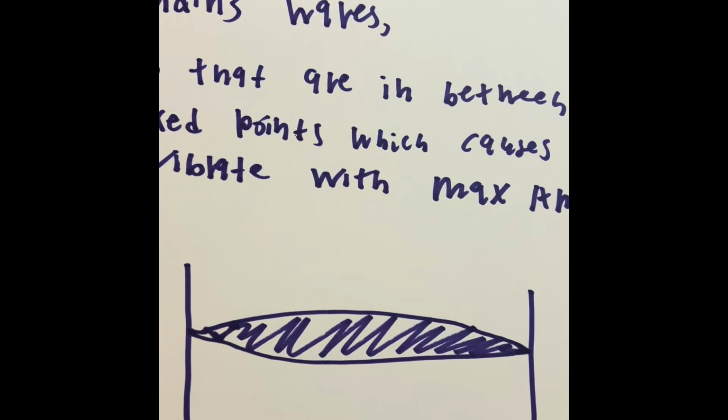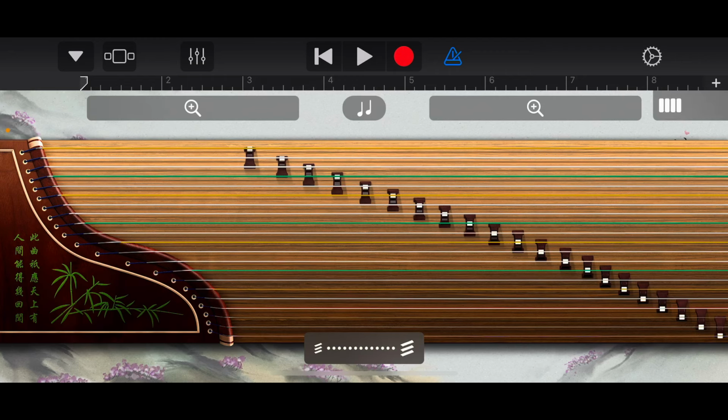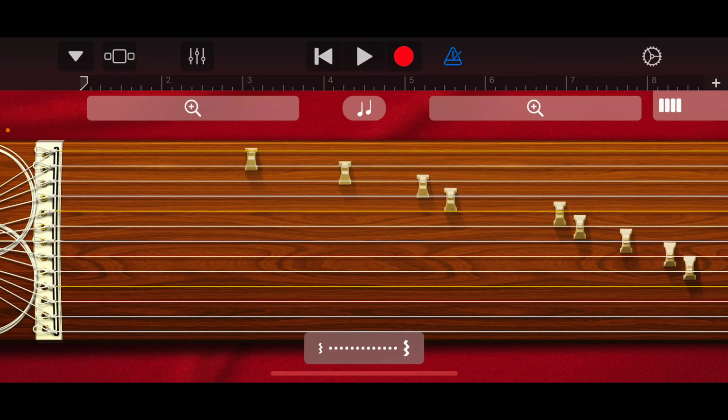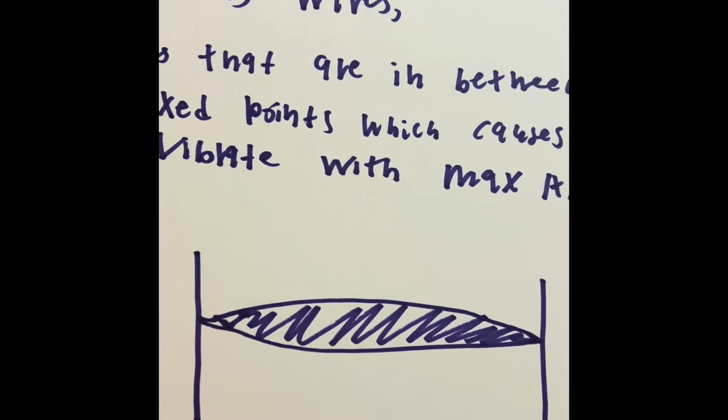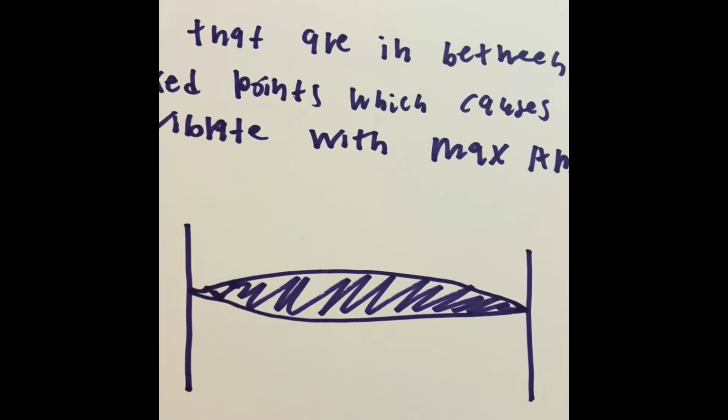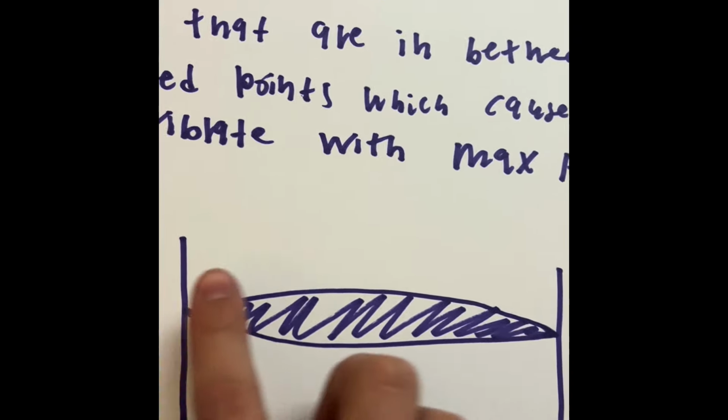Or another string instrument. Notice how when I tap on the animation for the guitar and the other instruments, notice how they create this shape?